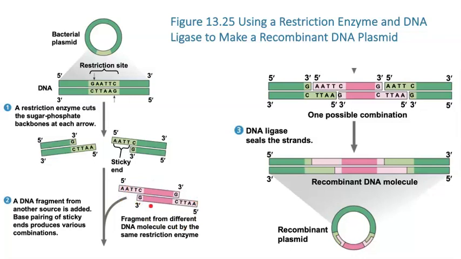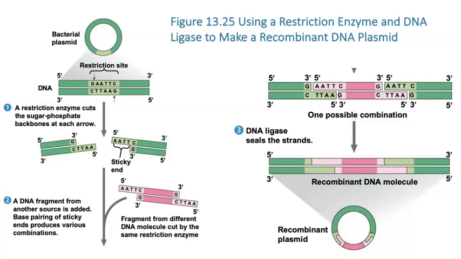That's maybe the gene you're trying to replicate or to clone. You have to cut it with the same exact restriction enzyme so you can have the same exact sticky ends. Remember, there are thousands of different restriction enzymes out there, and the fragments will just kind of naturally be attached to each other because of our complementary base pairs. And then DNA ligase will seal those ends, and you have your recombinant plasmid.